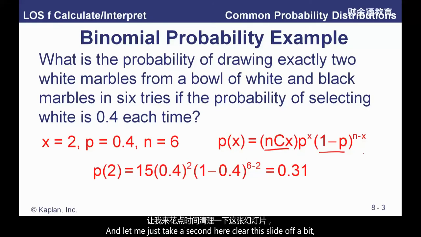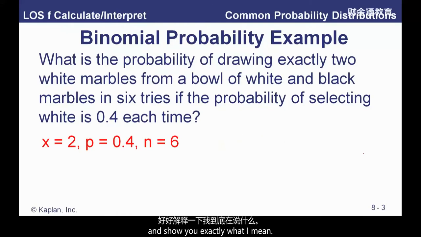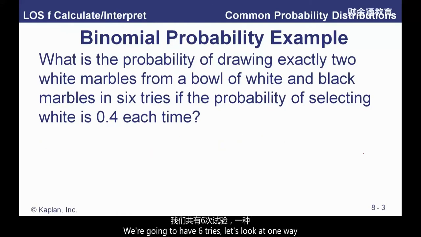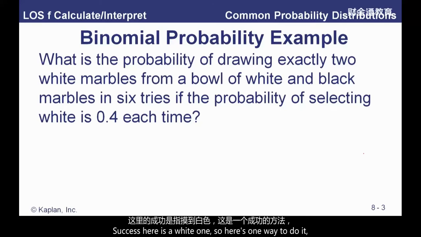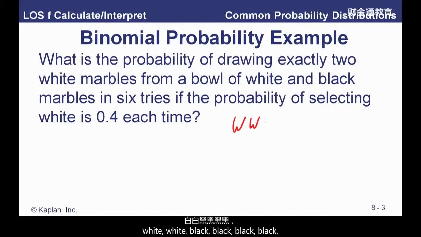And let me just take a second here and clear this slide off a bit and show you exactly what I mean. So we're going to have 6 tries. Well, let's look at one way to get 2 successes in 6 tries. Success here is a white one, so here's one way to do it: white, white, black, black, black, black.